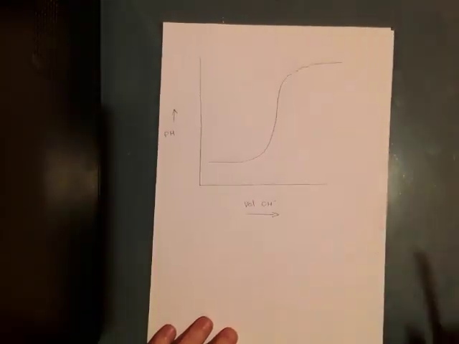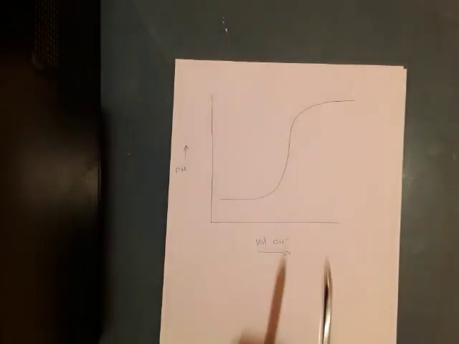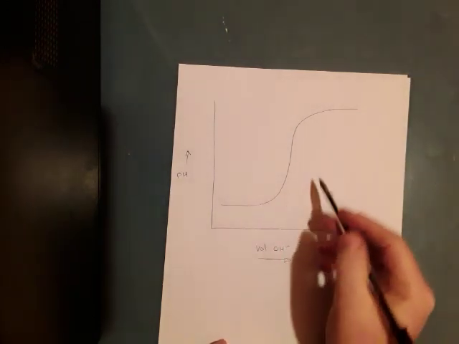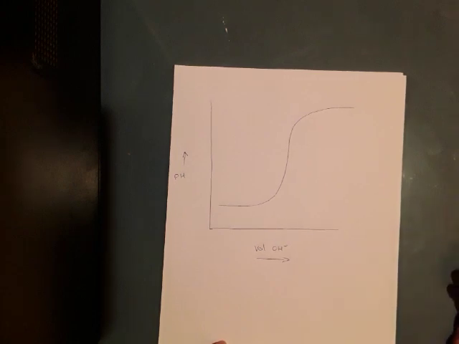If I show you this little graph here, here's one I've prepared before. This is a pH titration curve, and with this the isoelectric point is around here. It doesn't necessarily mean that it's at pH 7, neutral.